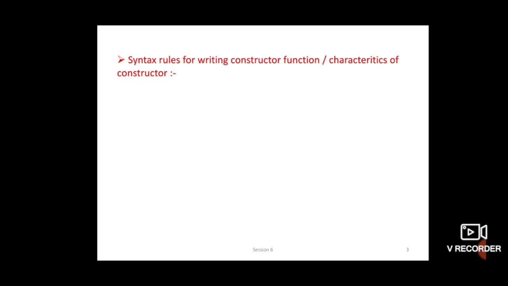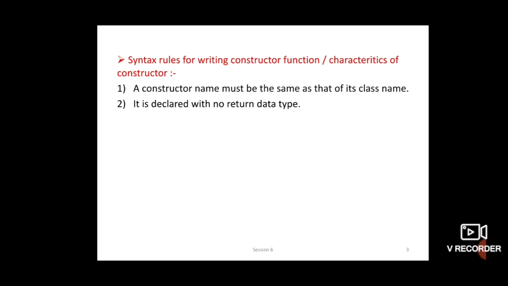Now see the syntax rules for writing a constructor function, or in another word, the characteristics of a constructor. First rule: a constructor name must be the same as that of its class name. Always remember. Second rule: it is declared with no return data type.